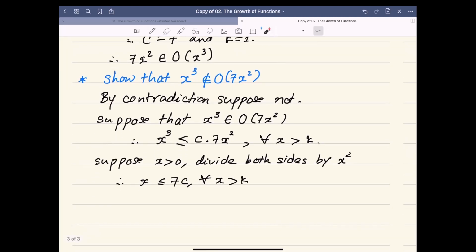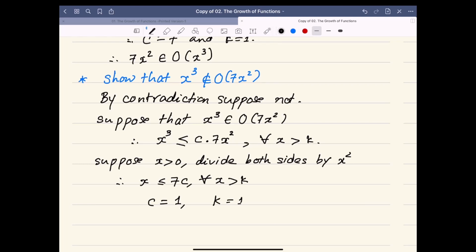Here we are looking for something that is logically incorrect, for the purpose of proving this statement by contradiction. For this final statement we have obtained, whatever the value of c and k, you will see that this statement is not always true. Imagine, for example, you choose c equal to 1, and also suppose that k is equal to 1.